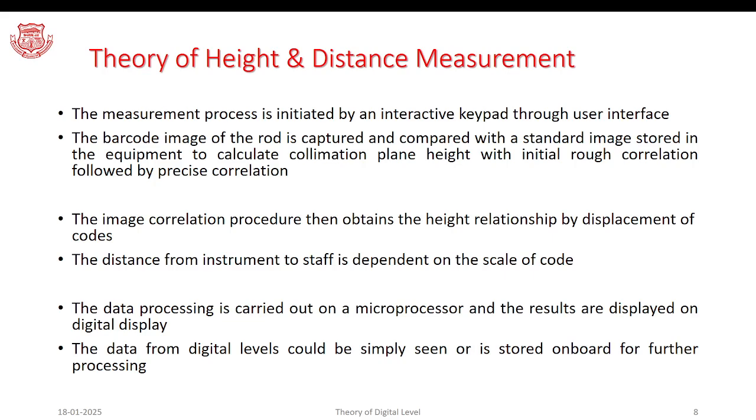The image correlation procedure obtains the height relationship by displacement of the code. Here it is obvious that the code that is being read on the staff will be directly proportional to the distance from the equipment, and hence it will go on measuring in relation with the displacement of the code, whereas the scale of the code will be used in order to measure the distances.